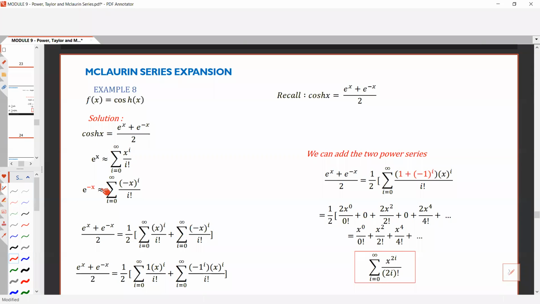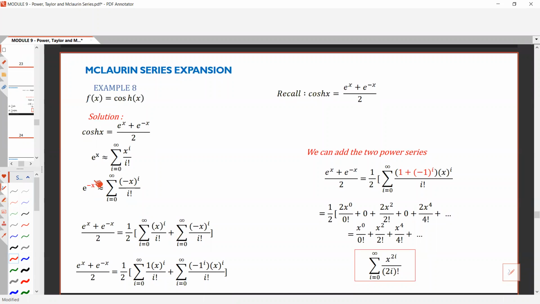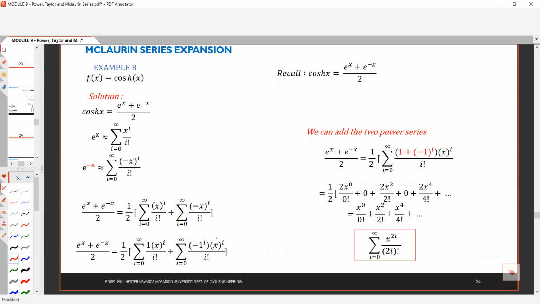Next one is e raised to negative x. Yung e raised to negative x, just simply palitan mo lang yung x ng negative, so summation of i equals 0 to infinity of negative x raised to i over i factorial. So no problem ka dito. Pwede mo na siyang ilagay dito. So e raised to x plus e raised to negative x over 2, that is simply your hyperbolic cosine of x, or that is your original function.